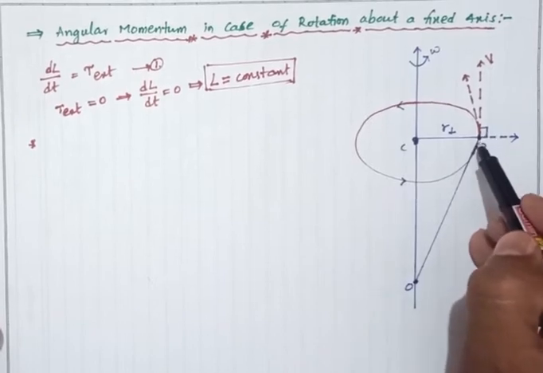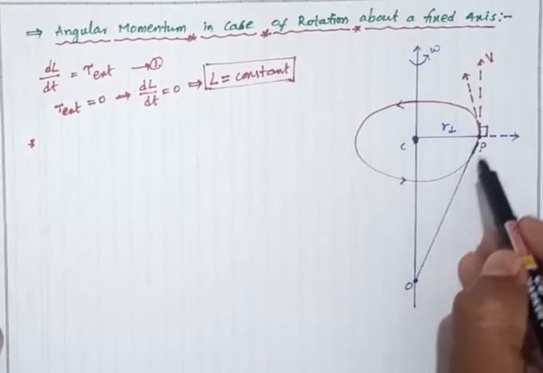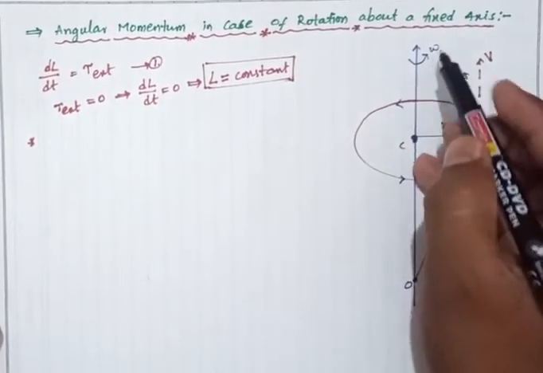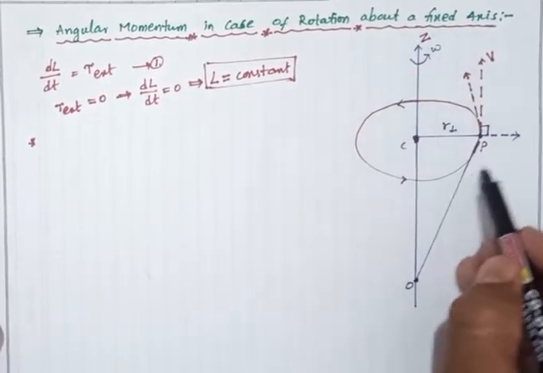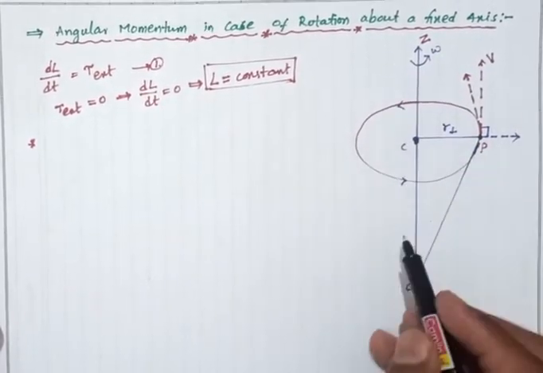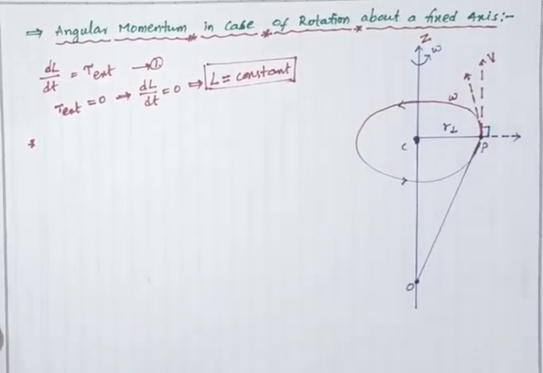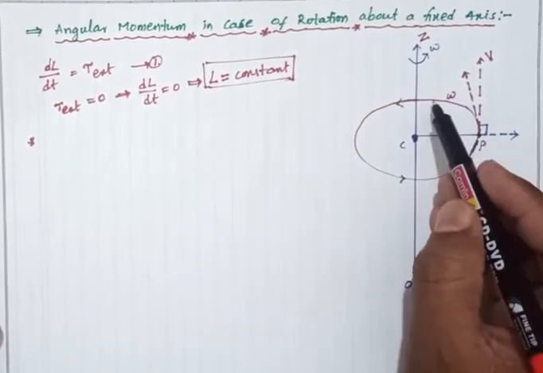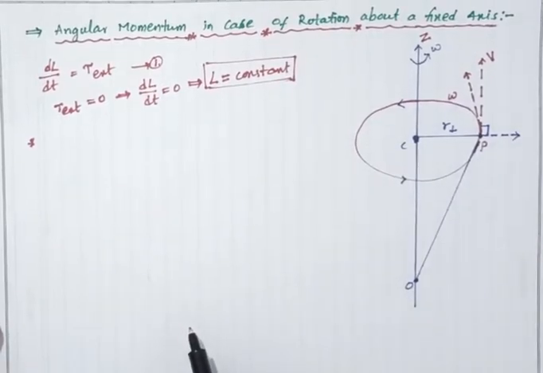The mass of the particle is m, and it rotates around a fixed axis, the z axis. We consider the angular velocity to be omega, so with angular velocity omega it rotates in the anti-clockwise direction.